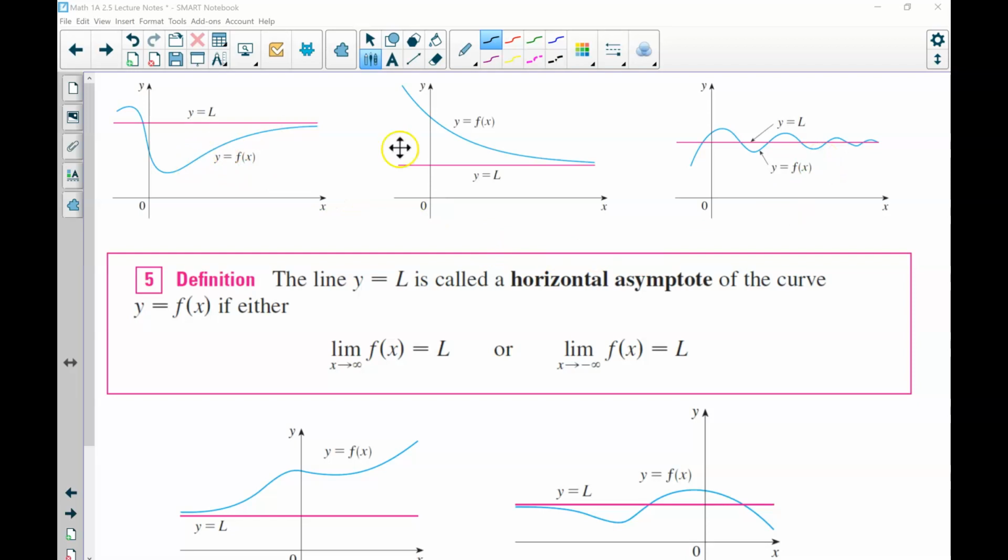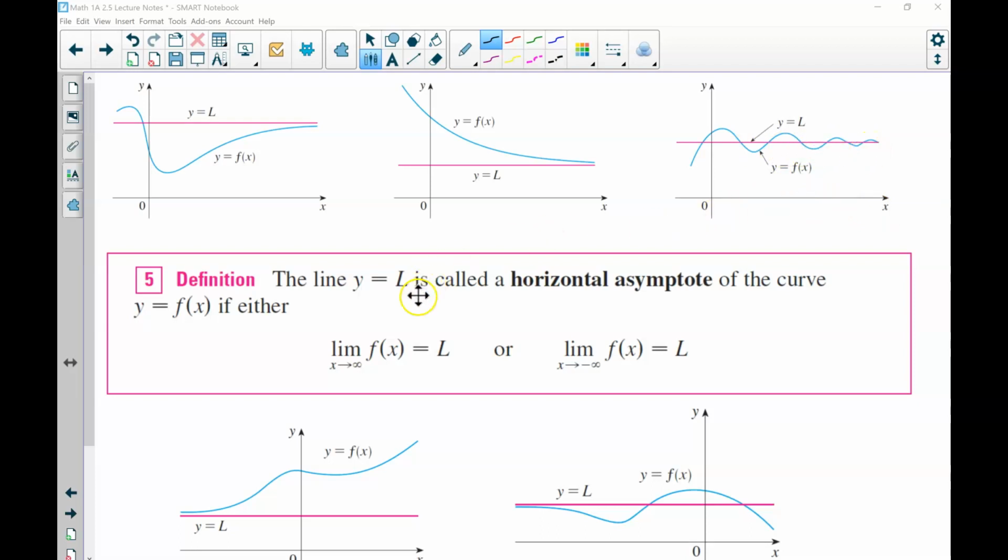In all 3 of these scenarios, as x is approaching positive infinity, you can see that the function is approaching y is equal to L.